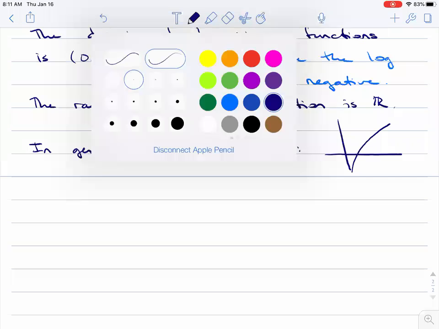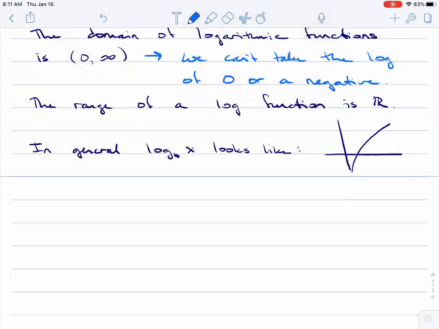And just like the exponential functions pass through 0, 1, all these log functions, regardless of the base, they're all going to pass through 1, 0. So all of these log functions are going to pass through 1, 0, meaning that when x is 1, that's when the output is going to be 0.